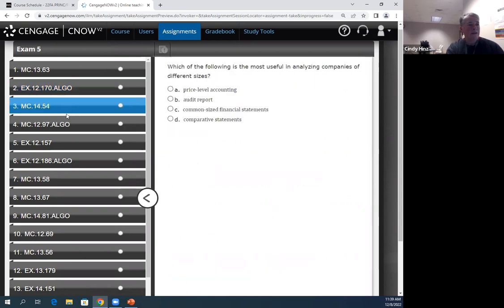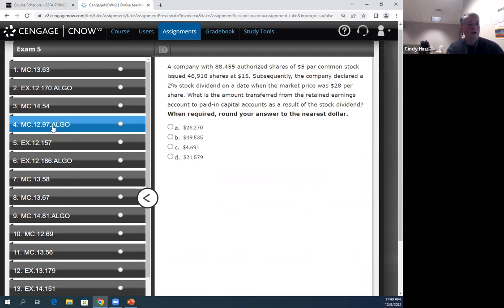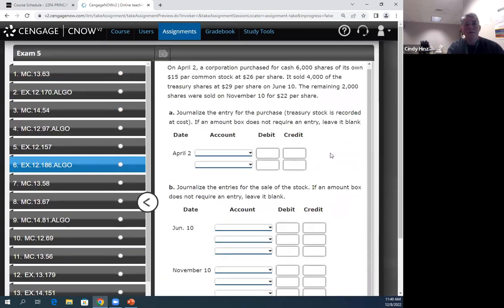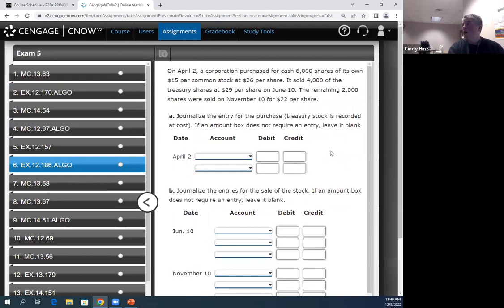So you've got a mix of multiple choice questions, which generally you should be able to read and answer without any additional work for the most part. Some of these will require some work. And you've got exercises that are going to be a little bit more comprehensive, a little bit more work, and therefore a little bit more time and a little bit more in terms of the points toward the total exam.